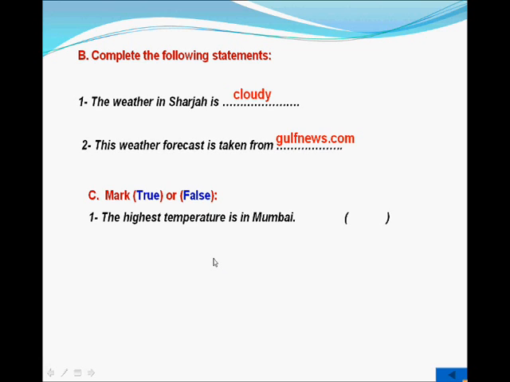Again, when you mark true or false, it means that you say it's correct or incorrect. Number 1, the highest temperature is in Mumbai. So again, the key words we are going to look at are highest and Mumbai. So let's have a look at the passage.